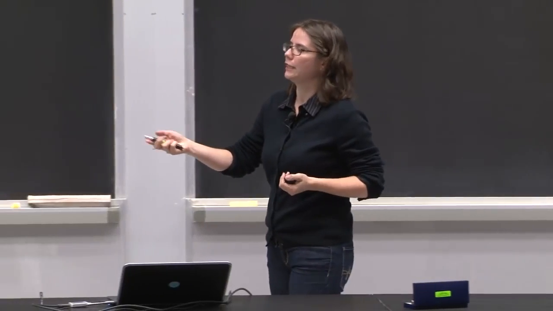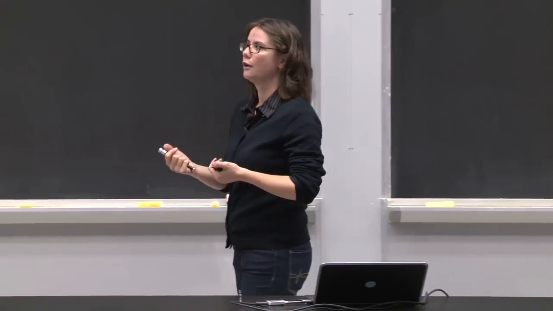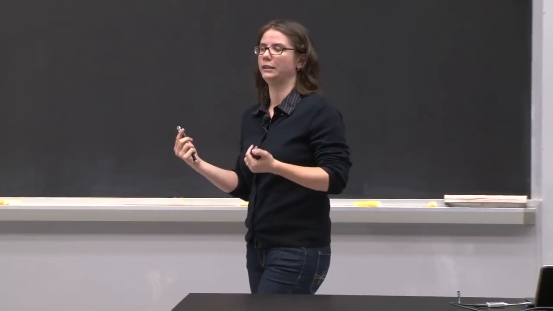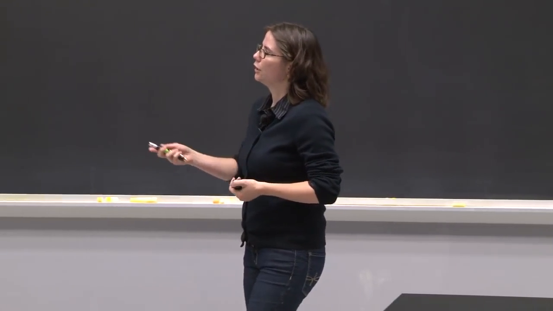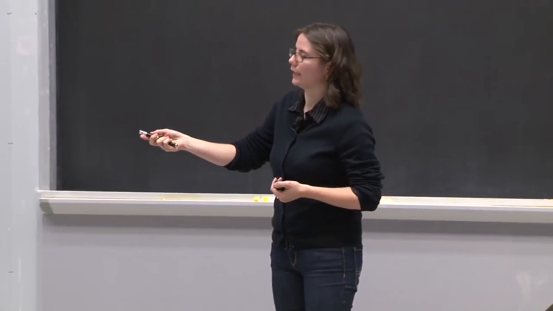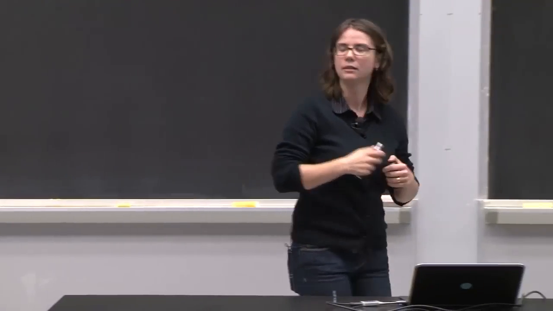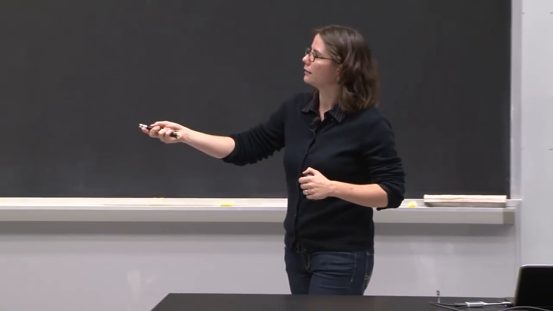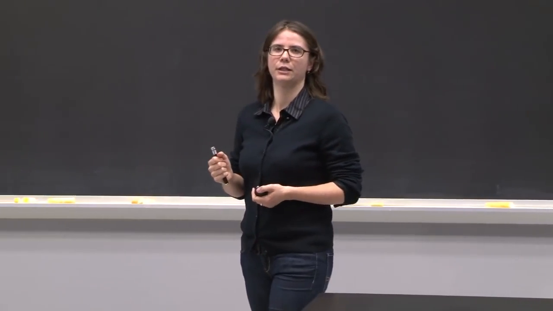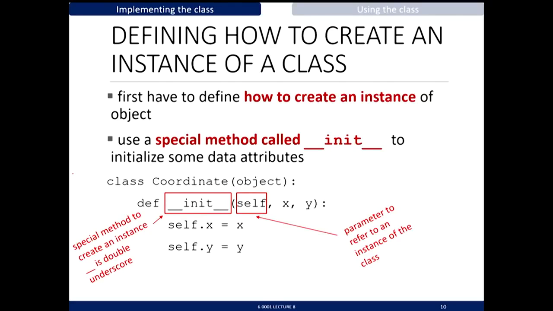But this self is going to be a placeholder for any instance when you create the object. So in the definition of the class, whenever you want to refer to attributes that belong to an instance, you have to use self dot, so this dot notation.